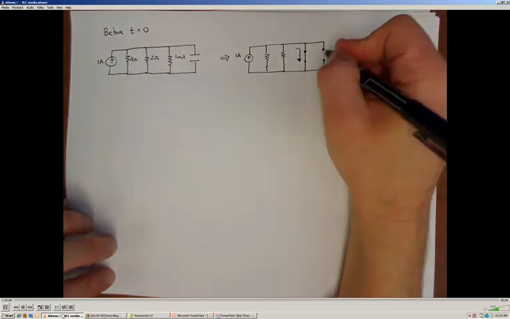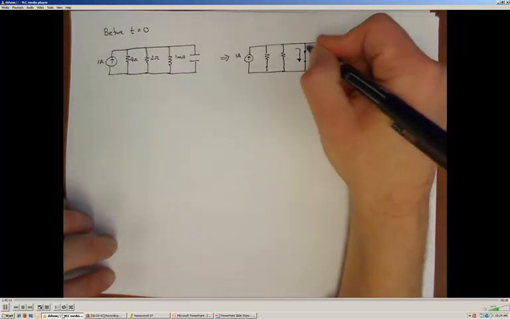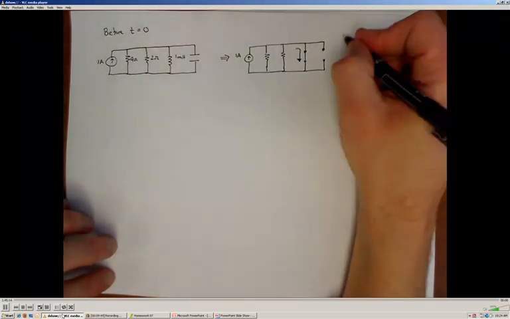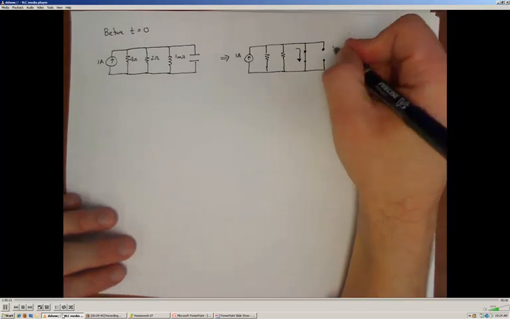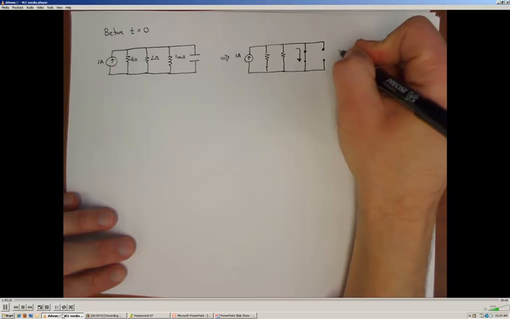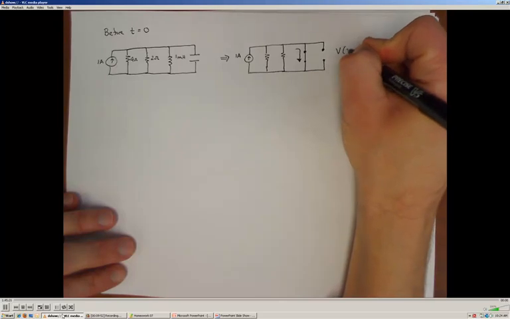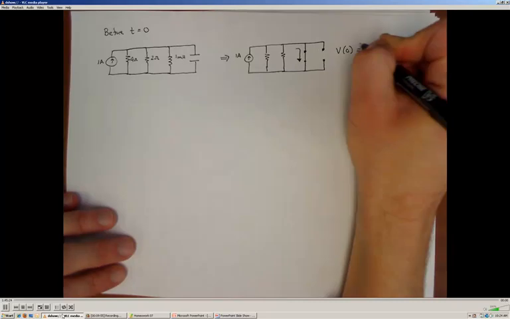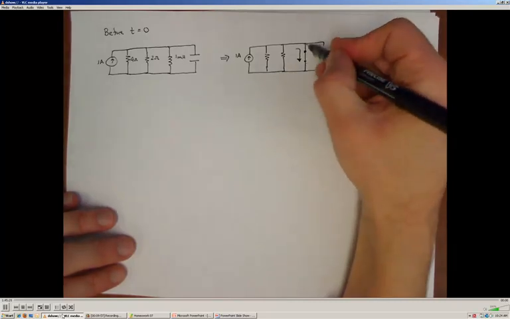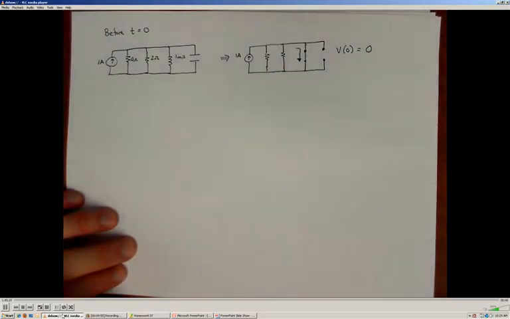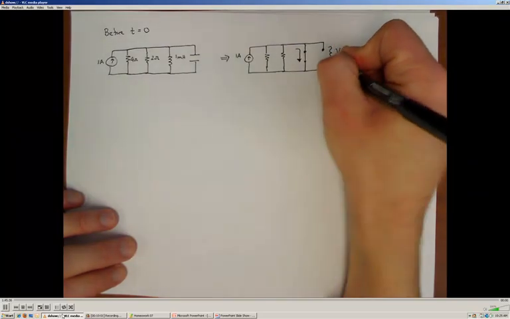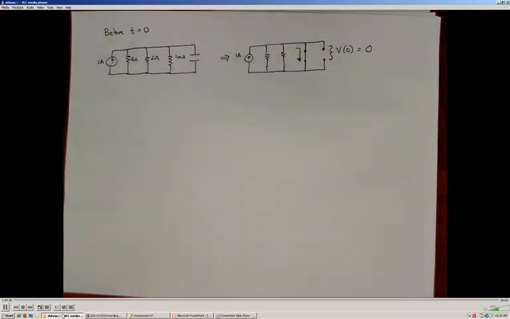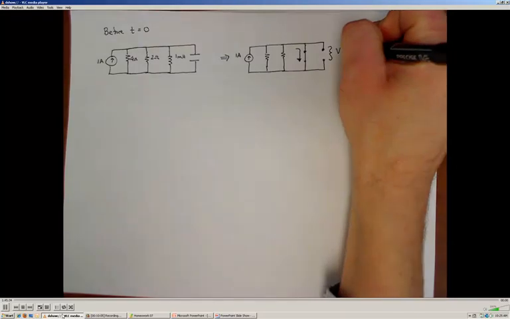That also means that since the two ends are connected directly, the potential right before the switch opens across the capacitor has to be 0 as well, because there's no potential difference across a wire. So the output voltage at time 0 is going to be 0 just before the switch opens.